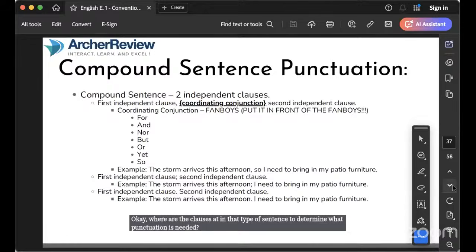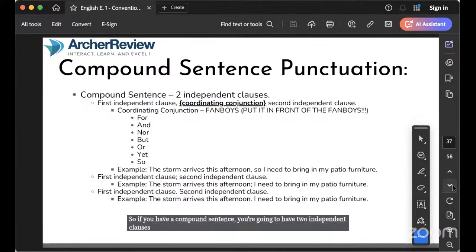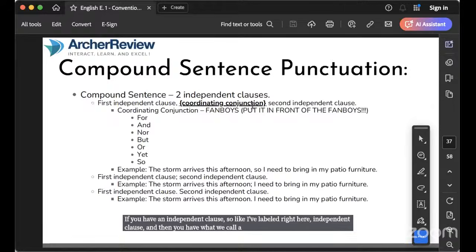So if you have a compound sentence, you're going to have 2 independent clauses. And like I said, they can be connected in different ways. If you have an independent clause, like I've labeled right here, and then you have what we call a coordinating conjunction in between them, and then the second independent clause comes, then you're going to put a comma before the coordinating conjunction.